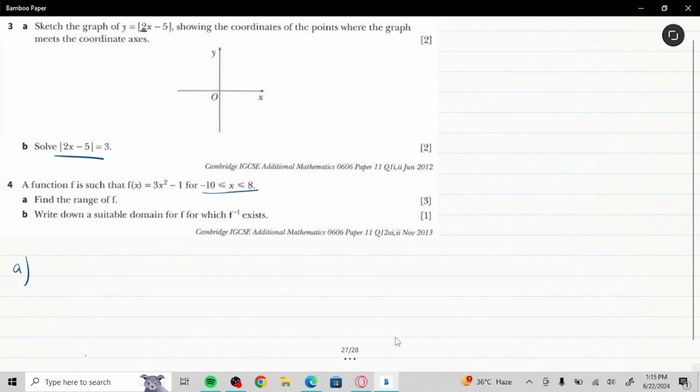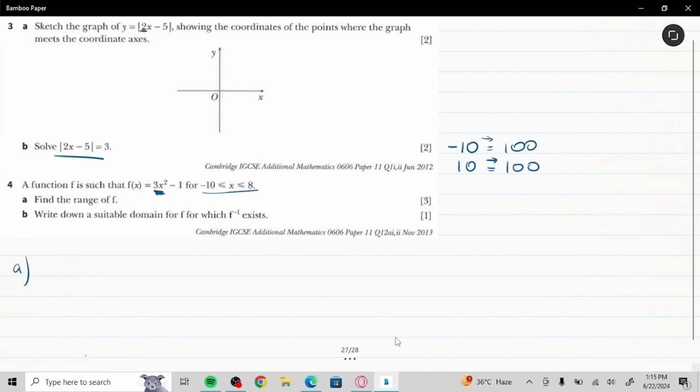We use our brain. There is a 3x squared in this function. So whatever value we input in this x squared will come out as a positive value. Even if we input negative 10, we are going to get 100. And if we input 10, we are going to get 100 out of this x squared.